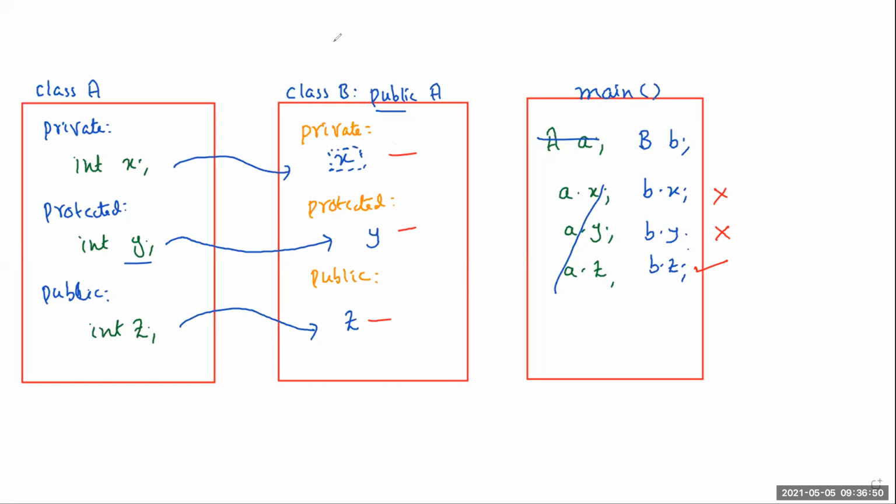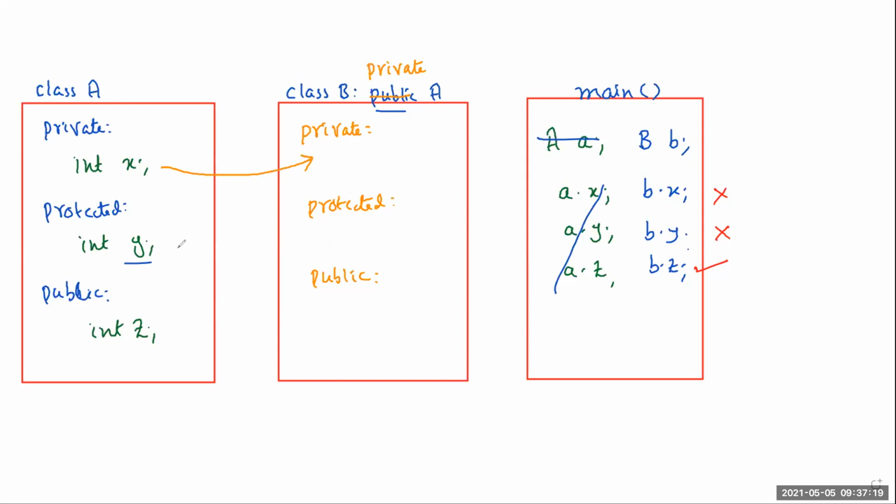Now I'm going to change something. Okay, now what I will do, instead of public here, now I will write private here. Okay, and now what will happen? Let's see. Since you are doing private inheritance, when you inherit things from the parent class, where will they go?